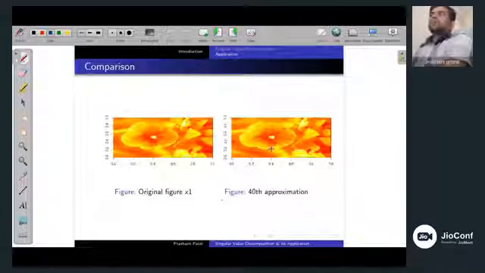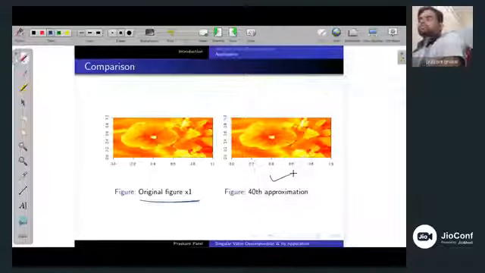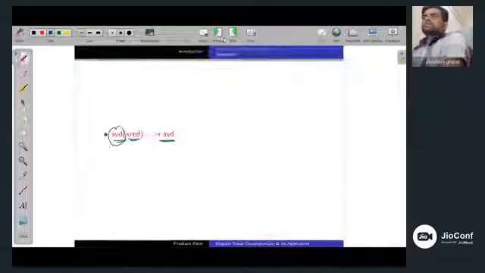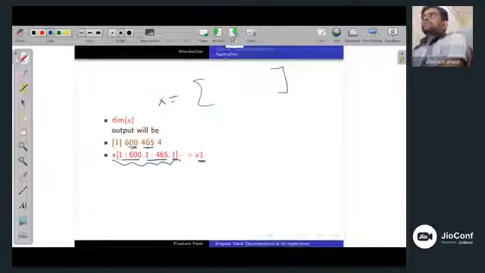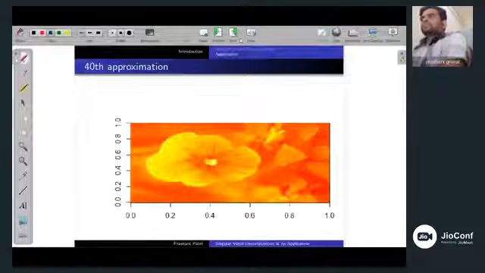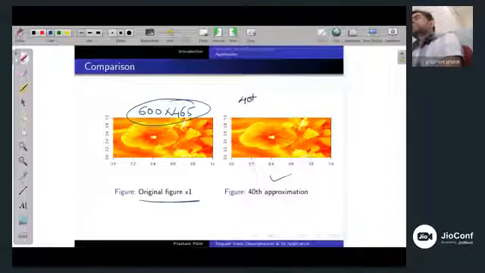You can compare the original figure X1 which we have stored with this 40th approximation, and you can see that it is almost the same. The original matrix is 600 by 465, which is the number of pixels, and here we have sent 40 singular values and 40 columns.